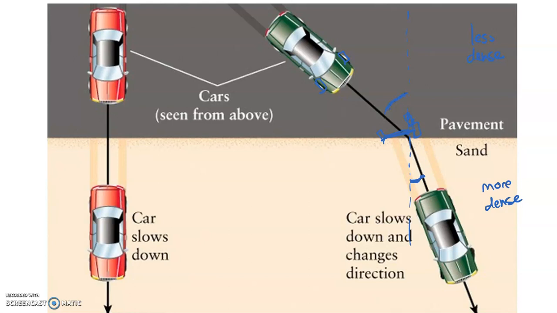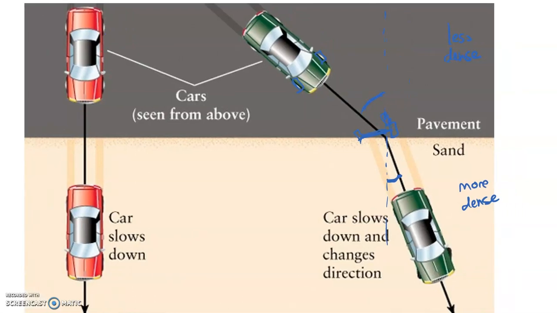Now notice on the left here that the car is driving straight into the sand. Well, in that case, it's obviously going to slow down, but because both of the wheels hit the sand at the exact same time, they're going to slow down together, and the car is not able to bend. So if we're coming exactly along the normal, there's going to be no bending, but there will be slowing down still. Only at an angle are we going to see that bending.